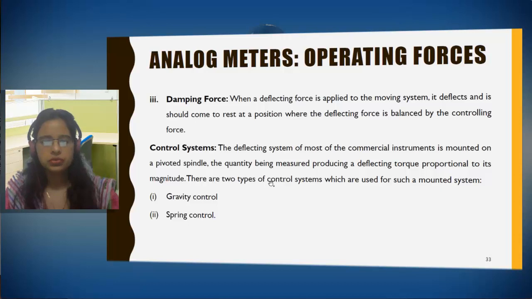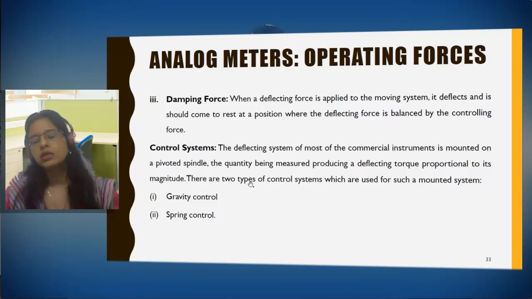Somewhere I mentioned that those effects are used to provide the deflecting torque. The deflecting force can be produced by utilizing any of the effects mentioned earlier.